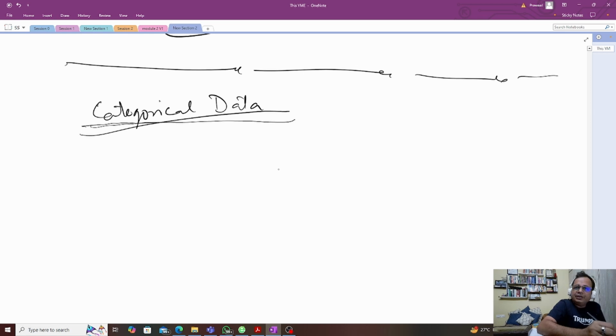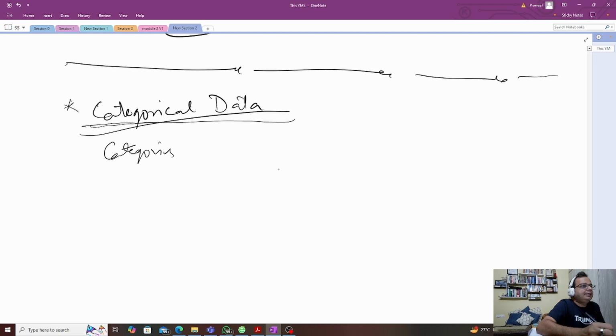Now, categorical data is very interesting data, and it has been broken down into various forms. When I say categorical data, it means that your data needs to fit into a set of categories.